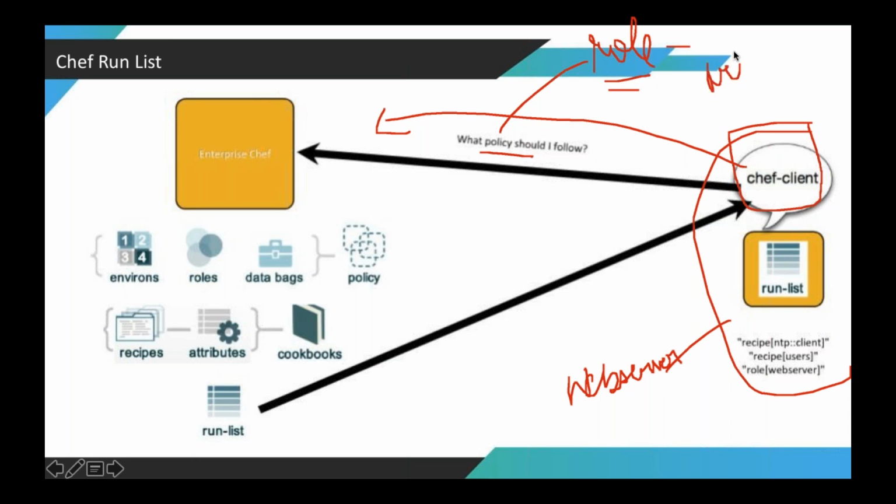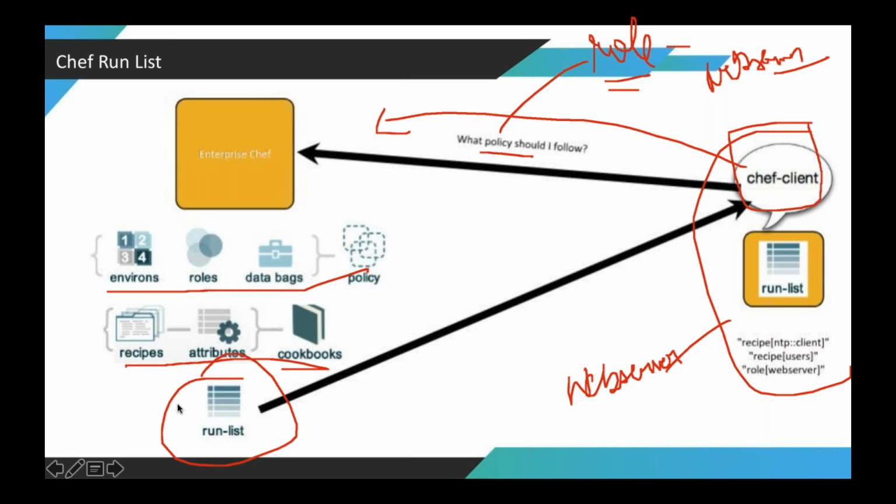It will make a request onto the Enterprise Chef for the configuration. Now, the Enterprise Chef has the different environments, roles, databases, and the policies. So it's going to determine which environment the server belongs to and what cookbooks or recipes or attributes it has to run. All that information will be stored inside the run list.